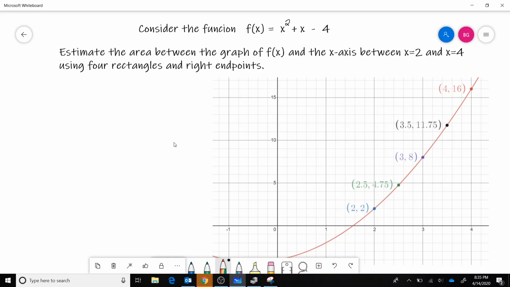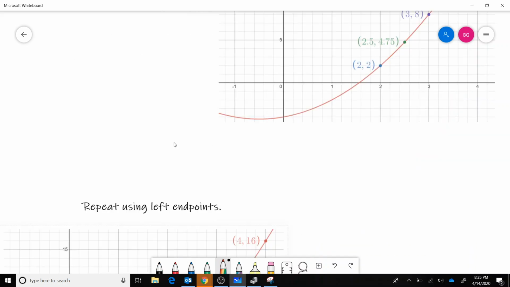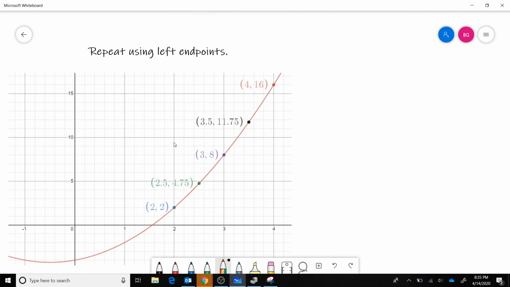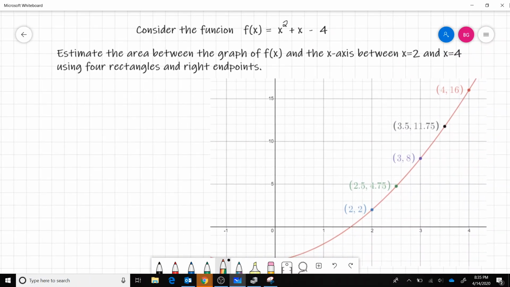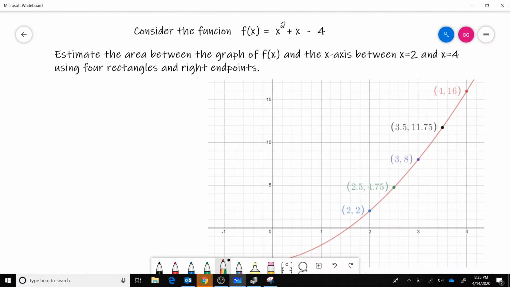All right, well, let's think for a second. If I'm going to find the area using 4 rectangles between x equals 2 and x equals 4, they're going to have widths basically like this. One of the rectangles is going to be this wide.